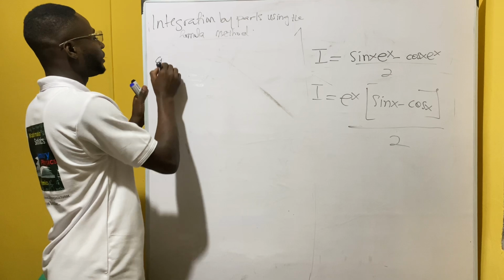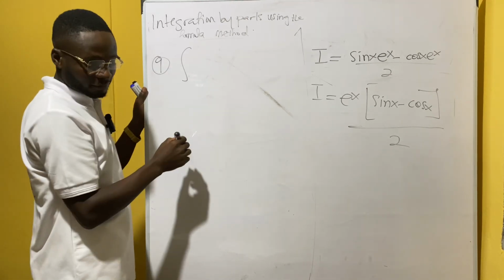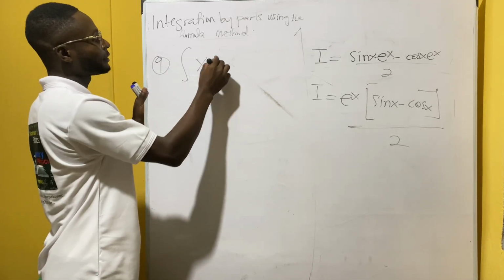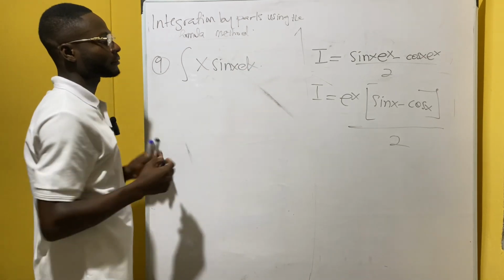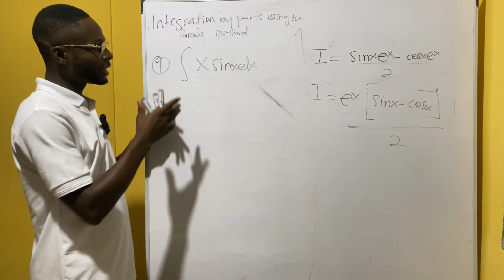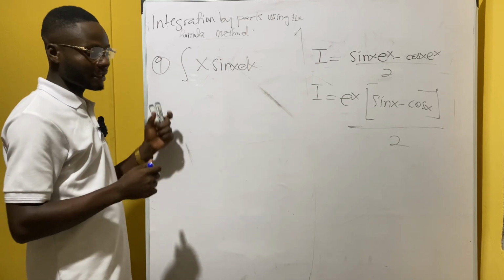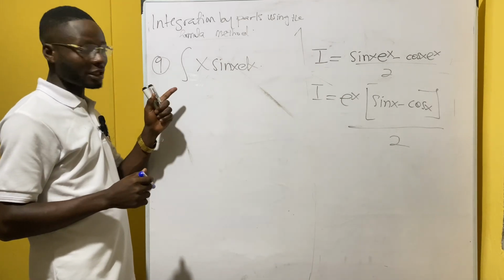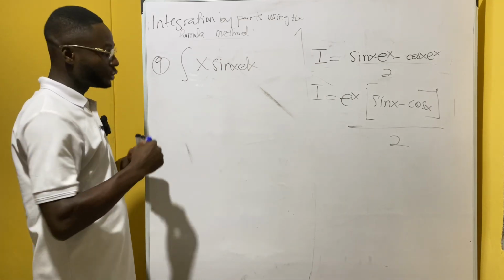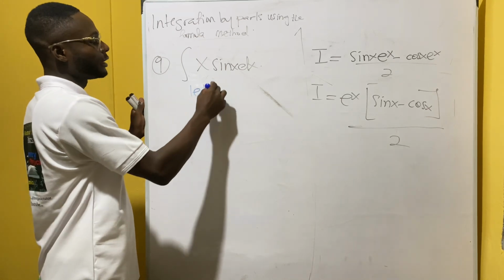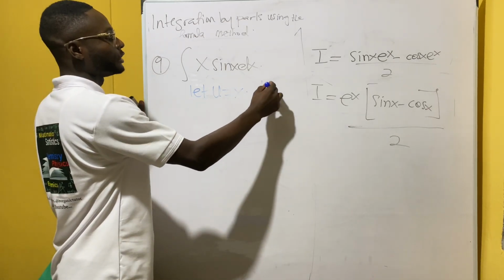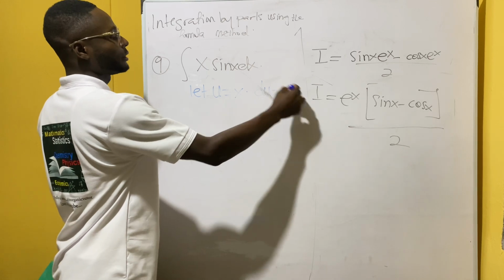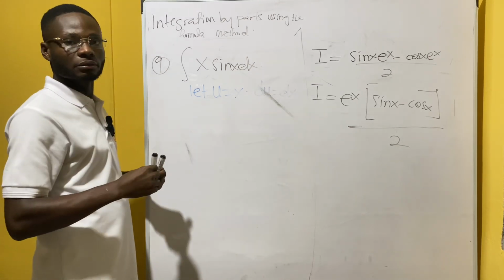So our 9th problem is the integral of x sine x dx, right? So clearly from here we can see that our x will be the u. So we can see that u should be equal to x. So this means that our du is equal to dx, right?